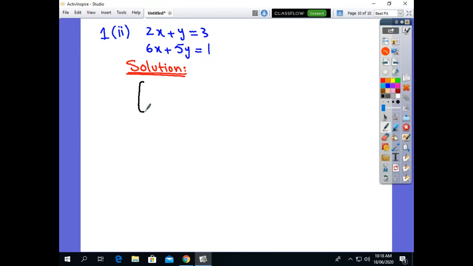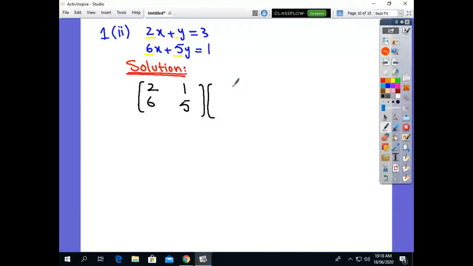Therefore, we write the coefficients of the equations. The coefficient of x is 2, the coefficient of y is 1, the coefficient of x again is 6, the coefficient of y again is 5. We write here 2, 1, 6 and 5.